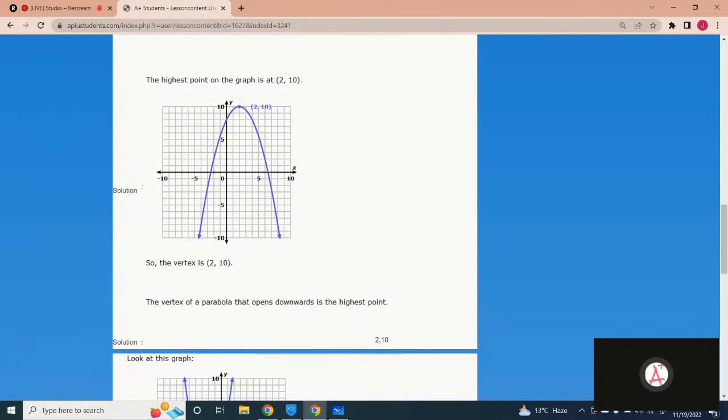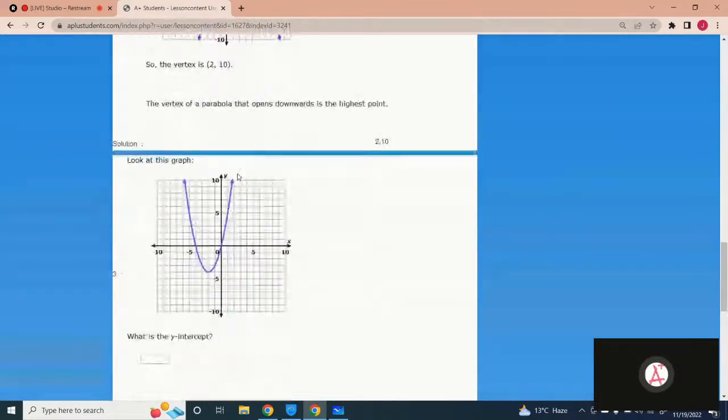No, it is 2 and 10. Here is the 10 on the y-axis. Just match the point to the y-axis. It would be 10. And when you match the point to the x-axis, it would be 2. It would be 2 and 10. I think you are on question 1. It would be 2 and 10.